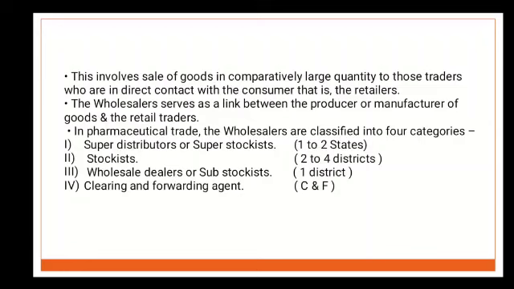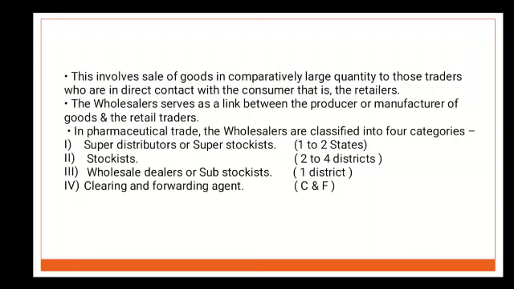First, super distributors or super stockist. A super stockist is appointed by the manufacturer. He covers a larger geographical area, that is, one or two states. He has to purchase the products in large quantities. He has to store the product properly to satisfy the market needs of the entire area.